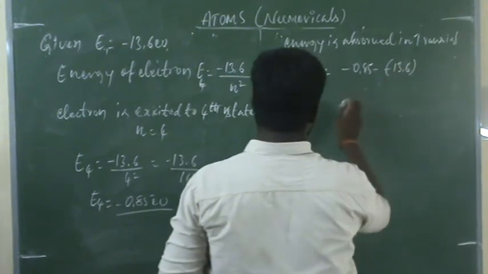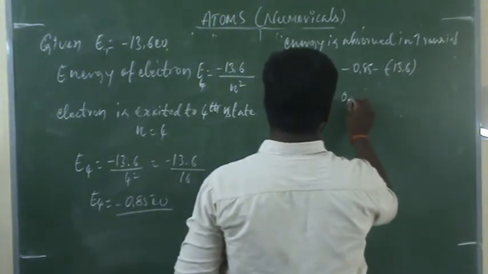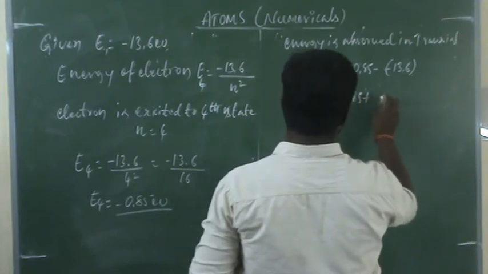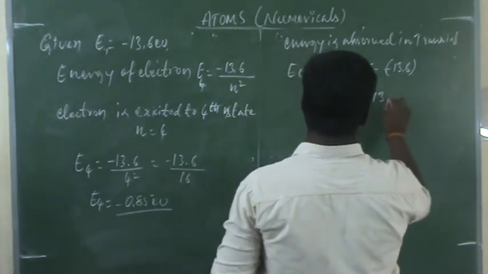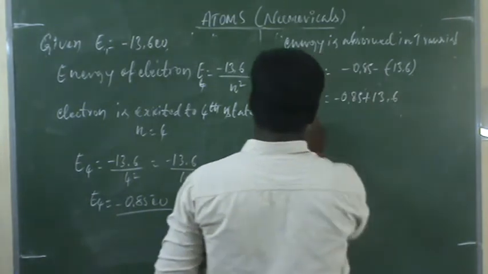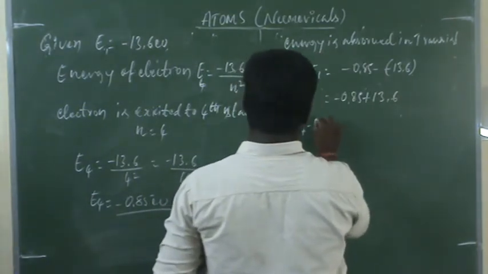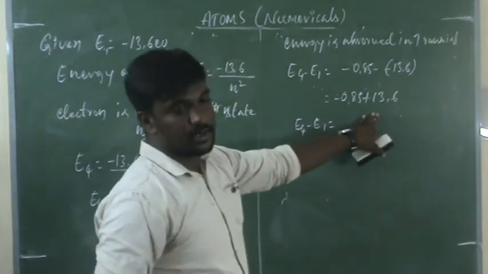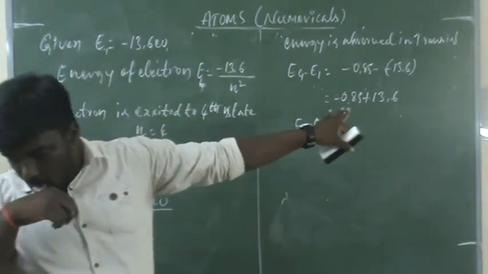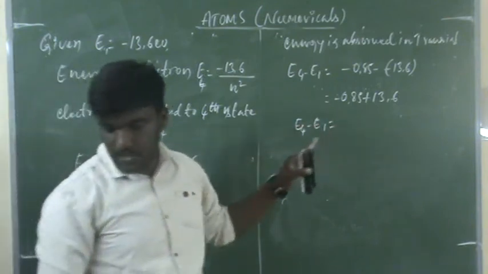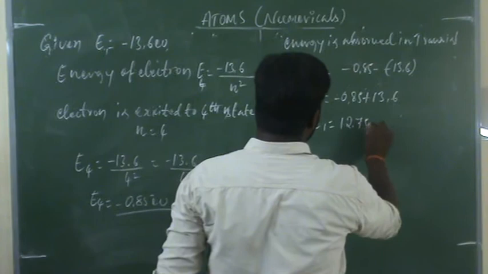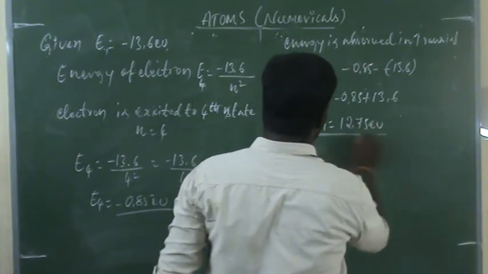So minus into minus is plus: 0.85 plus 13.6. So E4 minus E1 equals 12.75 electron volt.